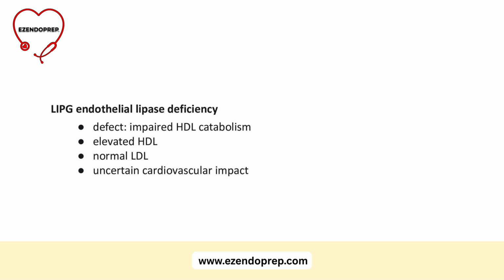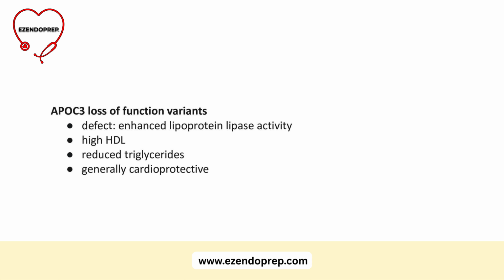In endothelial lipase deficiency, there's elevated HDL, normal LDL, uncertain CV impact. And then the last one is ApoC3 loss of function. In the ApoC3 loss of function, the gene is ApoC3. Here there's a high HDL. It's actually cardioprotective. And here there's inhibition of lipoprotein lipase. Variant forms reduce triglycerides and modestly raise HDL.